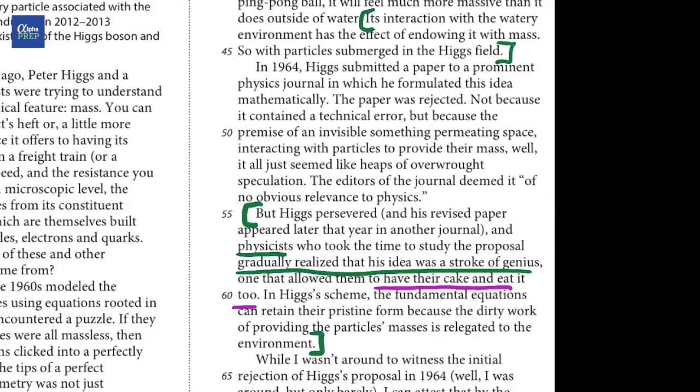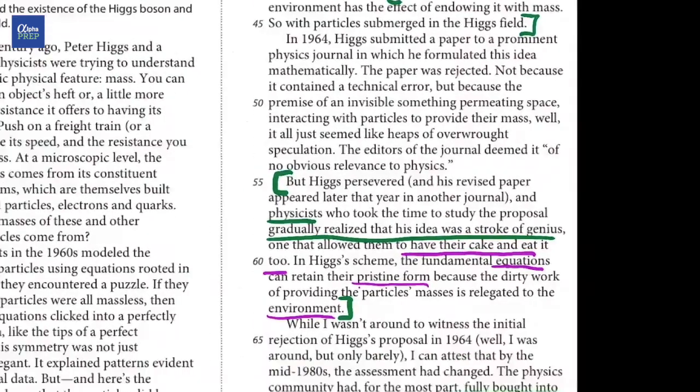In Higgs' scheme, the fundamental equations retain their pristine form because the dirty work of providing the particle's mass is relegated to the environment. So the equations stay nice, and it's only the environment that they're worrying about. So they're having their cake and they're eating it too. They're having things kind of both ways.